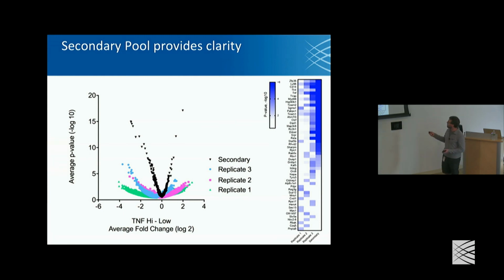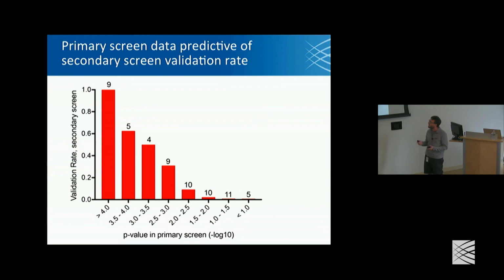You can see there are some genes that scored in one replicate and didn't repeat at all in the secondary screen, and there are some that scored somewhat heterogeneously in the primary screens, but then repeated very, very well in the secondary screen. So this is a very good generalizable strategy for following up on a primary screen where primary screening data can be noisy. But if you make a much smaller library, you can do a lot better.